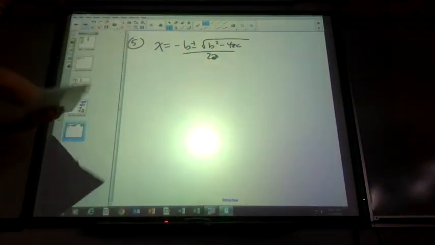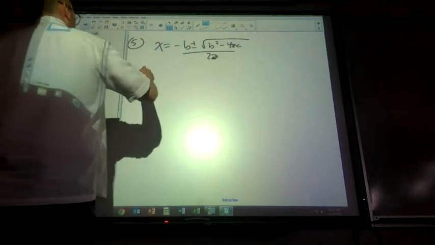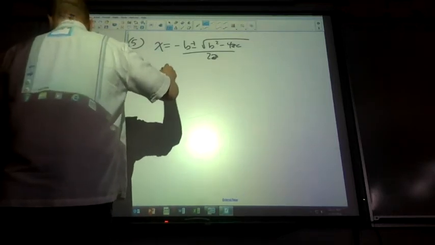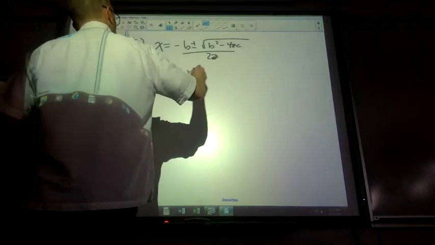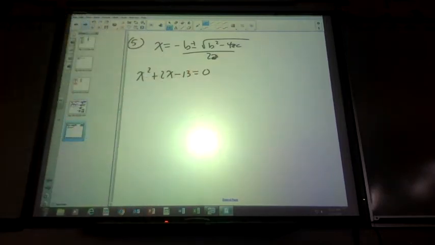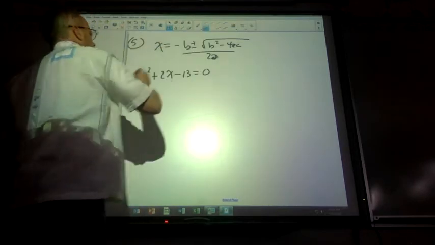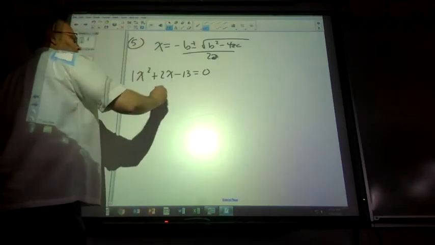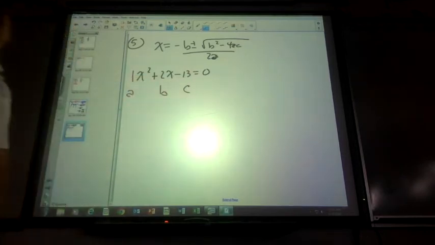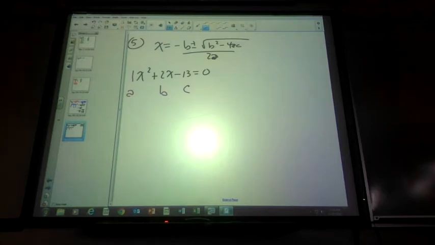So, all right. So then I have x squared plus 2x minus 13 is equal to 0. First question: is the whole thing equal to 0? Yes. Second question, what are my letters? Well, my a value is 1, my b value is 2, and my c value is negative 13. Carry the signs, please.